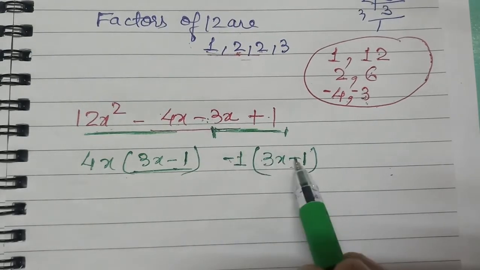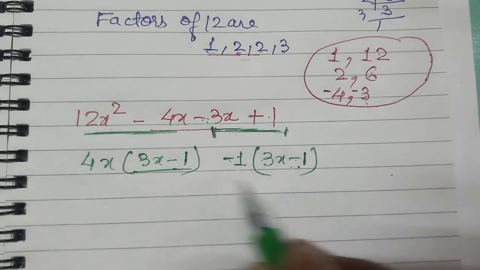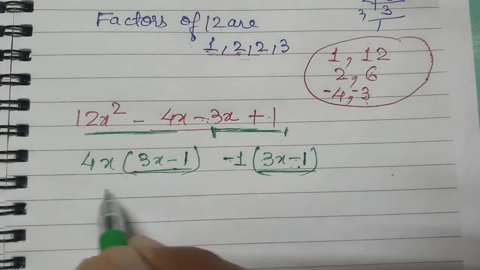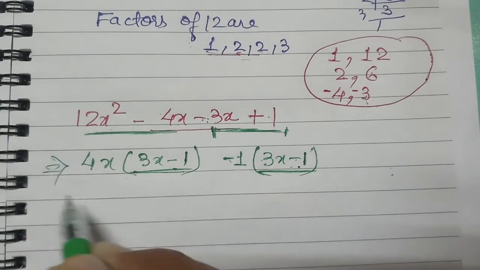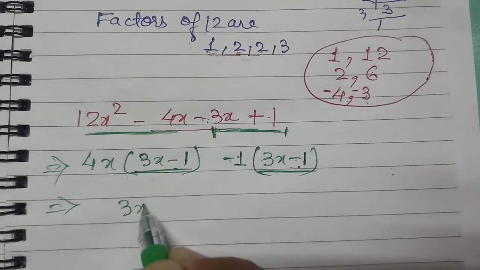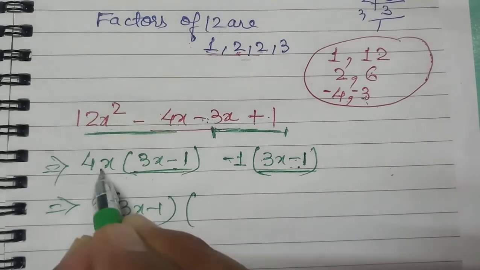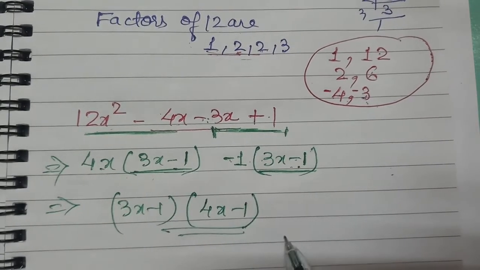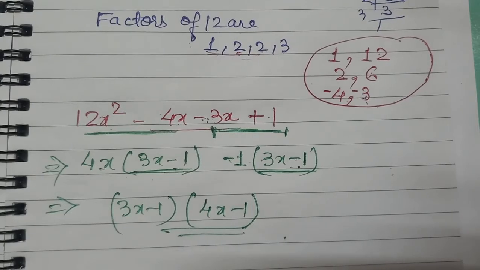Minus 1 into plus, minus, minus into minus, plus. So both conditions are fulfilled. Now take this common. So what is left? 3x minus 1 common. So what is left inside? 4x minus 1. So see children, we have split the middle term, and we have factorized.